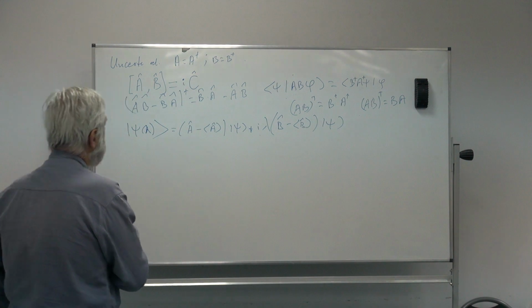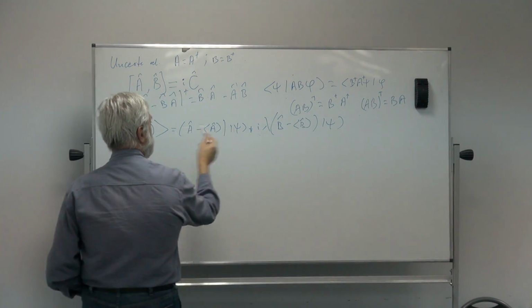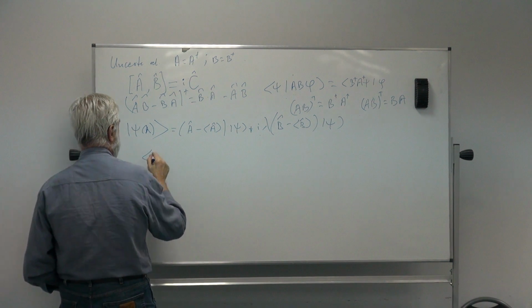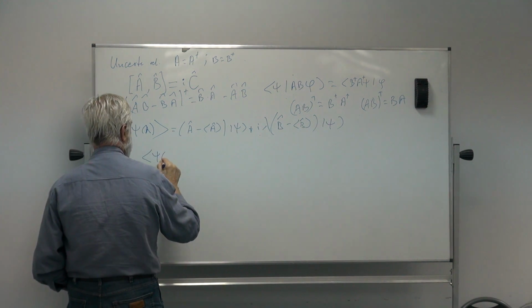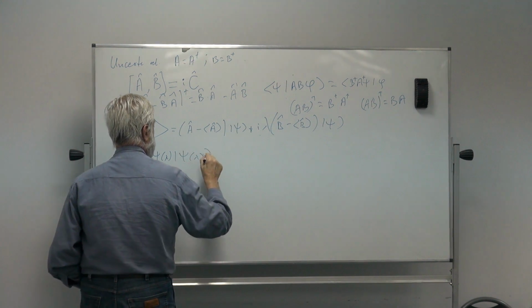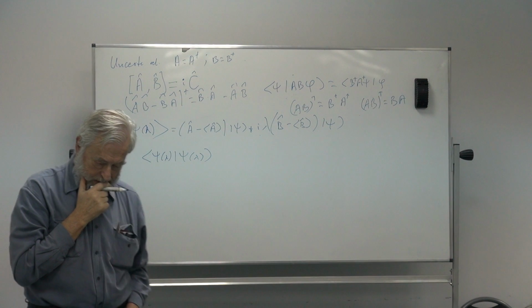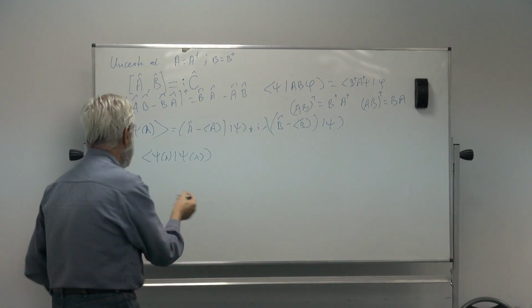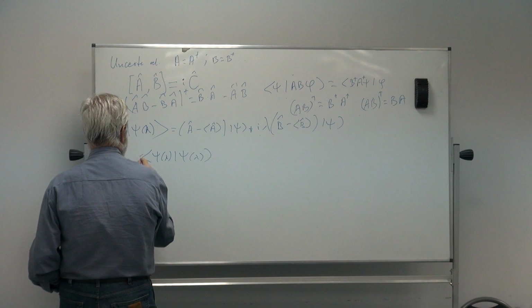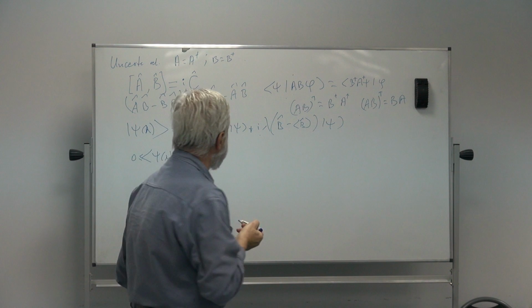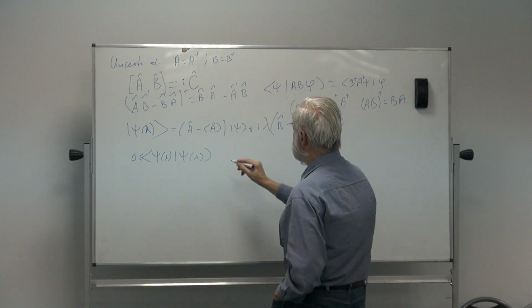That's a very simple trick. I have a one-dimensional family of vectors. If I take the scalar product of this vector with itself, then of course, as any square of the norm, it cannot be negative.